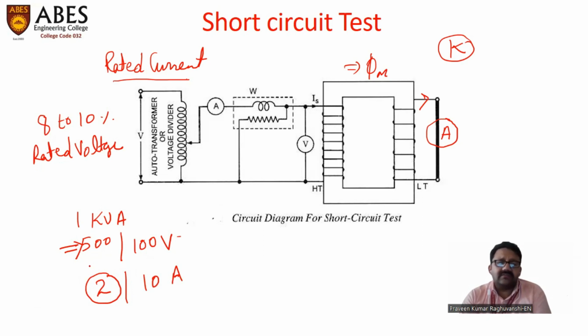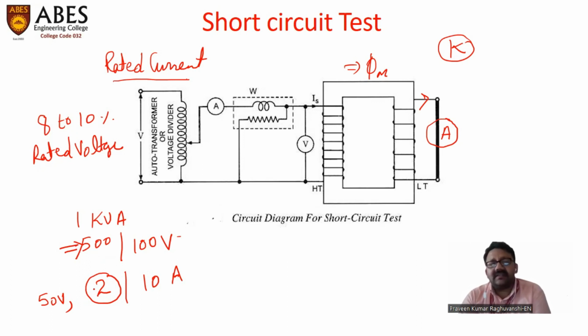Say we are achieving rated current on application of 10% of rated voltage under short circuit condition. So while performing this test on the high voltage side, we can achieve this current of 2 ampere with the application of voltage around 50 volts. So here we can see that the voltage and current both lie in the normal operating range.